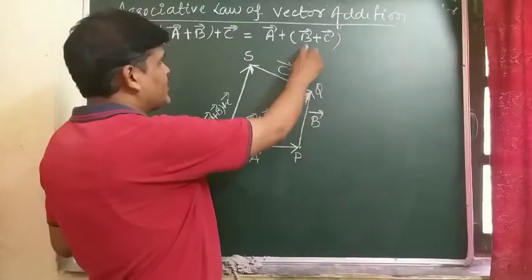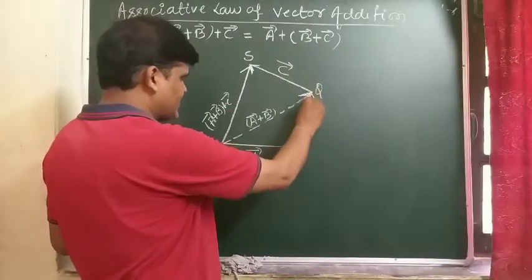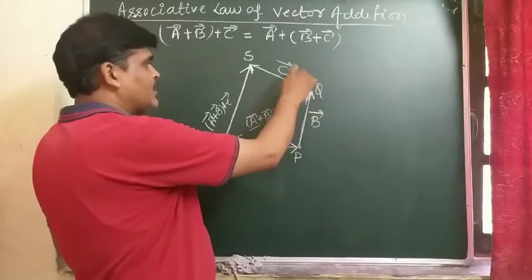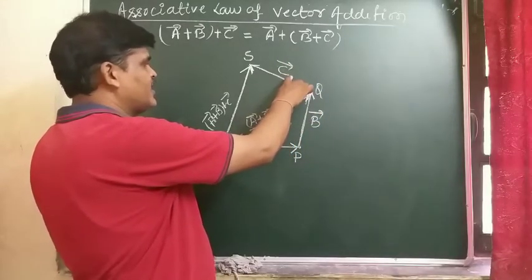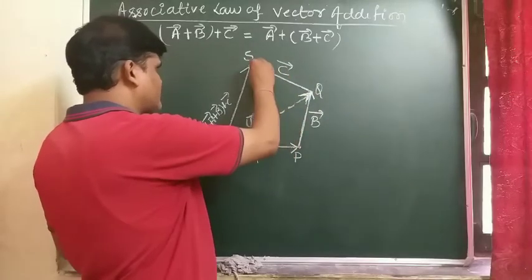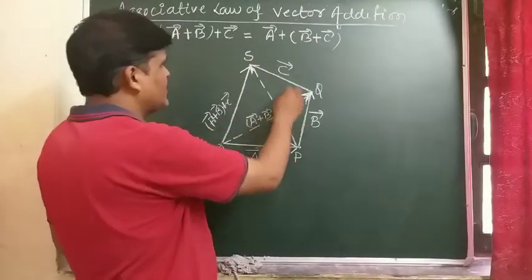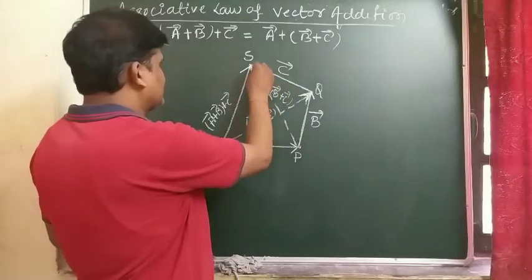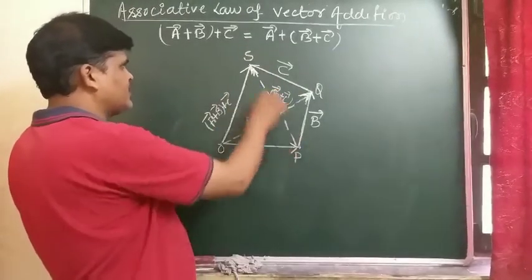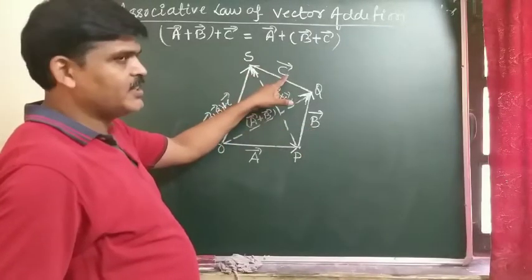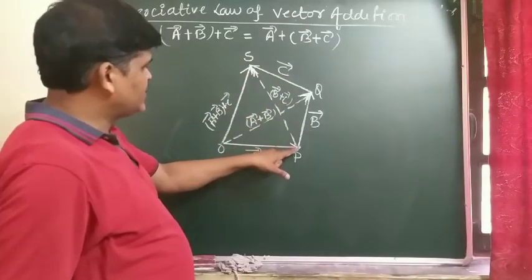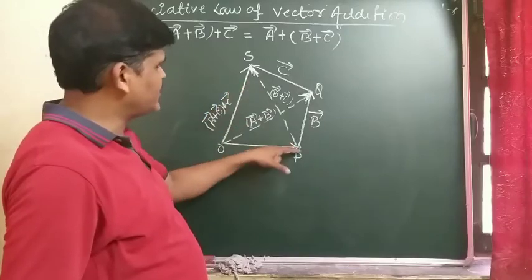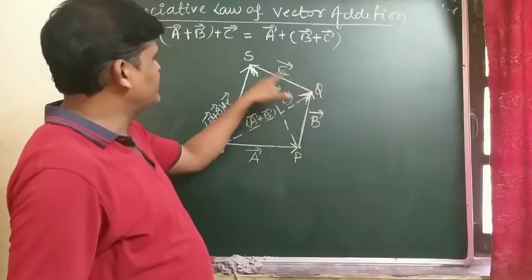The first vector is vector A, which will be added to vector B plus vector C. The head of vector A is at Q, and the head of vector B is joined with the tail of vector C. The resultant of these comes out to be vector B plus vector C, shown by PS, and the direction of PS is in reverse order of the PQ vector and QS vector.